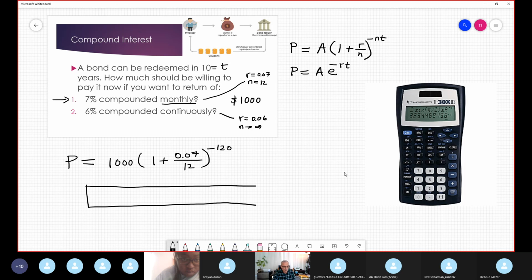Let me try to do it simultaneously with you. Don't rush. It's 1,000 multiplication, open the parenthesis, inside you put 1 plus 0.07 divided by 12, close the parenthesis.